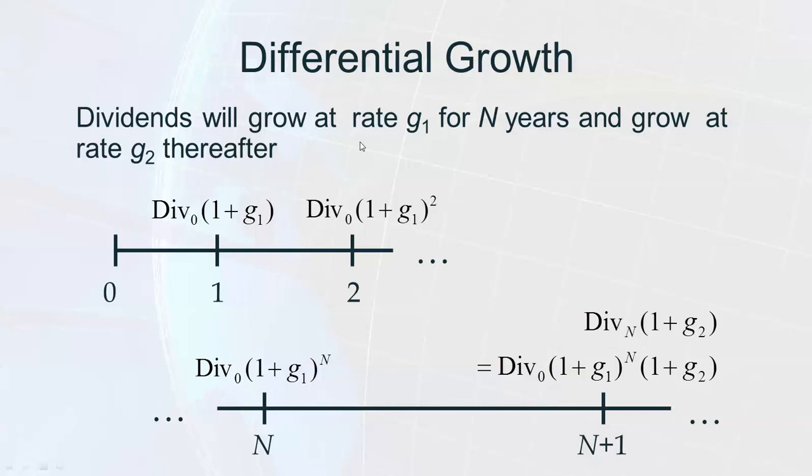Dividend will grow at rate g1 for n years and grow at rate g2 thereafter. So the rate could be different, it could be changing.